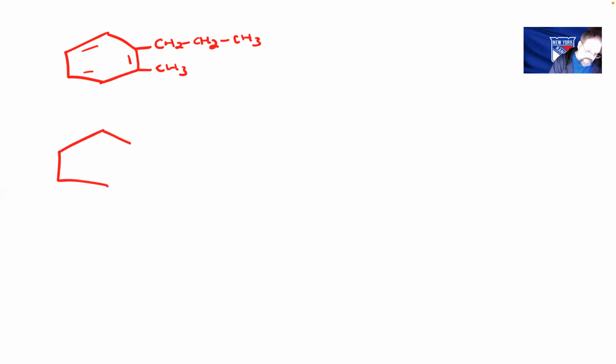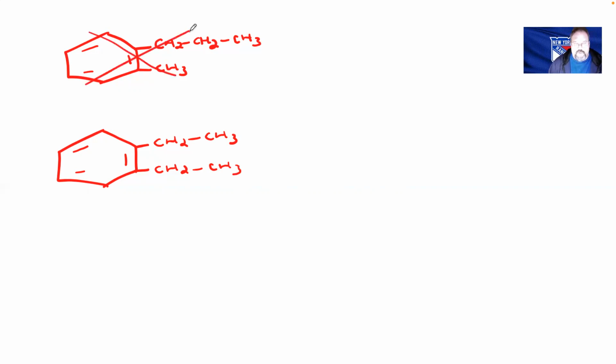The only other possibility would be to attach both CH2s to the benzene ring, ortho to each other, and then attach a CH3 to each of them. Now, hopefully you can very quickly tell which one of these can't be correct, and it's the first one. If you look at the first one, the CH2s are not equivalent, and they have to be, and the CH3s are not equivalent, and they have to be. But if we look at the second, the CH2s are equivalent, they have exactly the same connectivity, and the CH3s are equivalent, they have exactly the same connectivity.